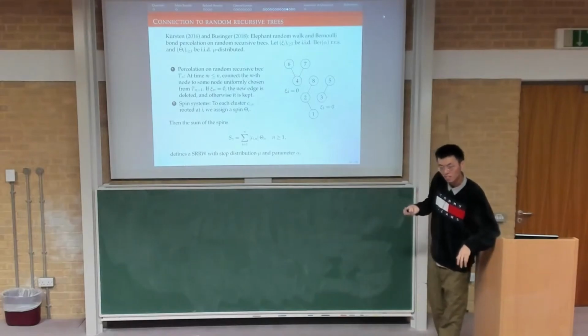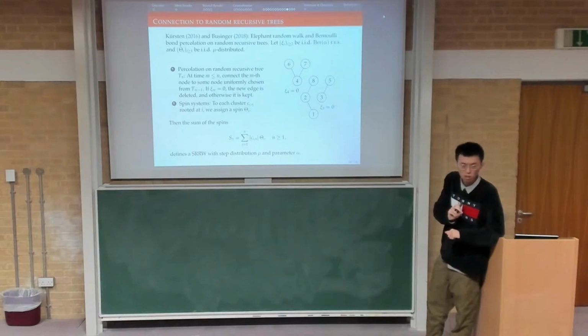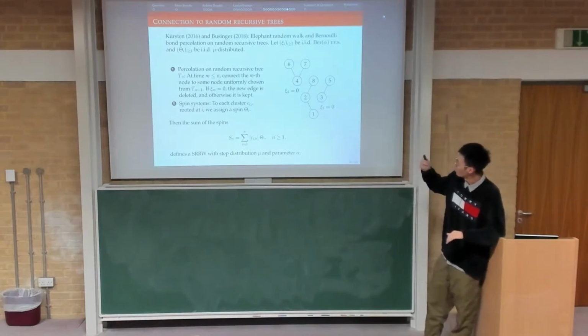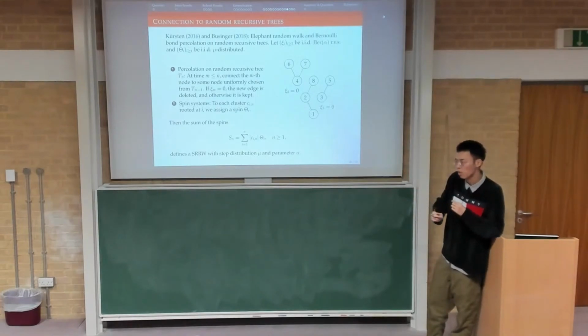But for fixed n, this is somehow equivalent to saying that we first sample a random recursive tree and do a Bernoulli bond percolation with parameter alpha. But here we decide whether we keep or remove this new edge right after we add this new node, because in this case we can update this tree step by step. Otherwise, we need to resample the whole tree at time n plus 1.